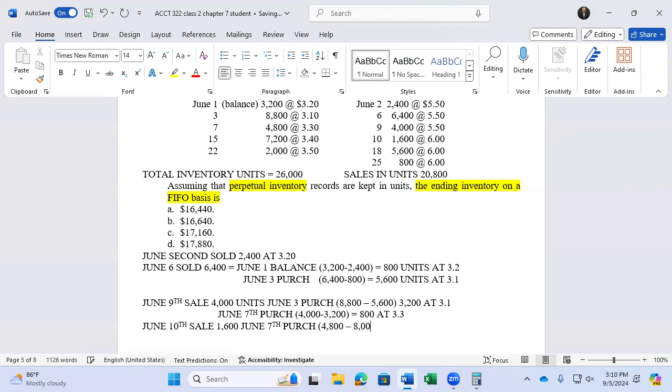Minus 800. Just to check how much we had available, we had 4,800 minus the 800. And so that equals 4,000 units left over.